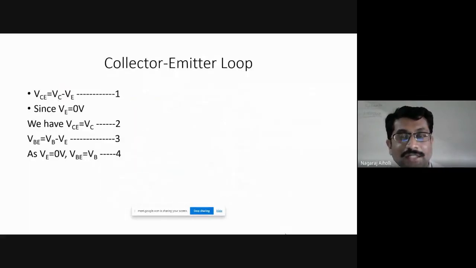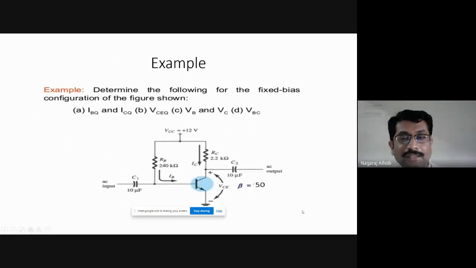Then we studied the fixed bias circuit for the input section. For the output section, we applied the KVL and got the equations. In the next class, I will solve a few examples on the fixed bias circuit, and then we will move ahead with the next part, that is the emitter bias circuit. So we'll end today's session here, students. Thank you.